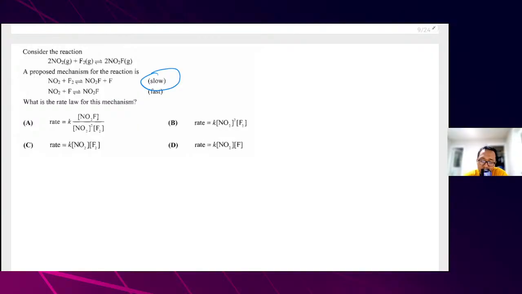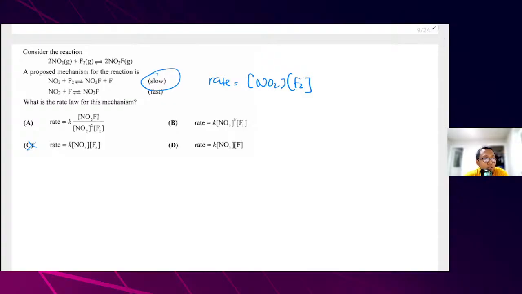So it has a big portion in the reaction itself. From the slow step, we know that the rate will be NO2 and then F2, right? So it matches perfectly with option C.